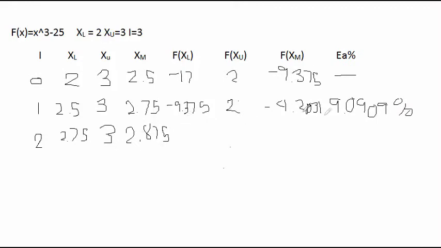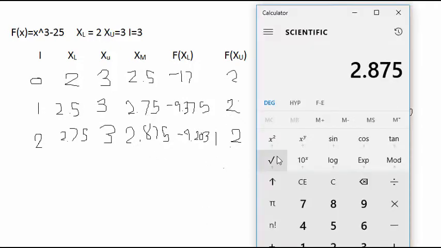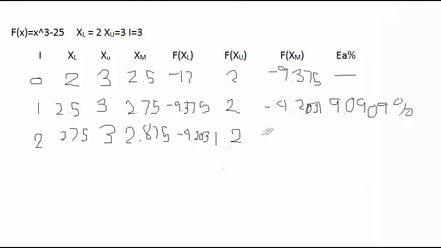Now we will copy this into the function of the lower limit, negative 4.2031. The function of the upper limit is still the same. Now we will get the new function of the midpoint of x, 2.875 raised to 3 minus 25. We now get negative 1.2363. Now we will get another approximate error.